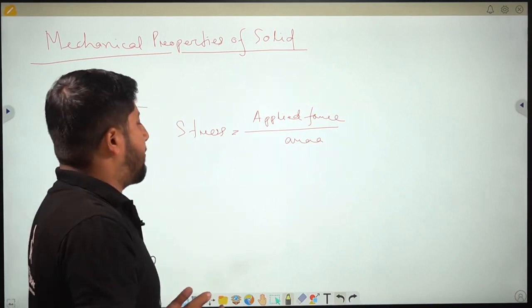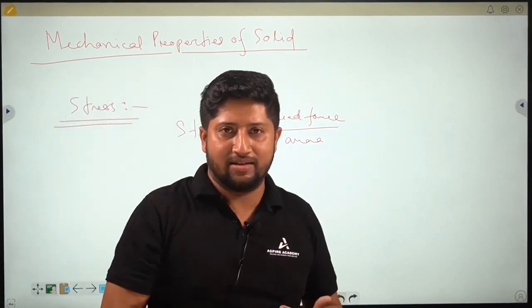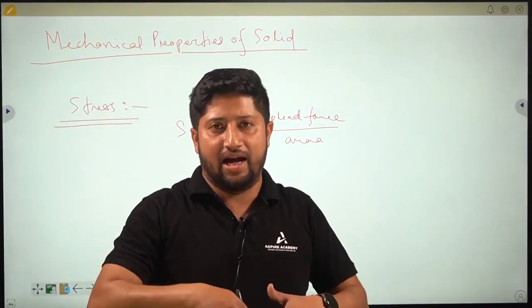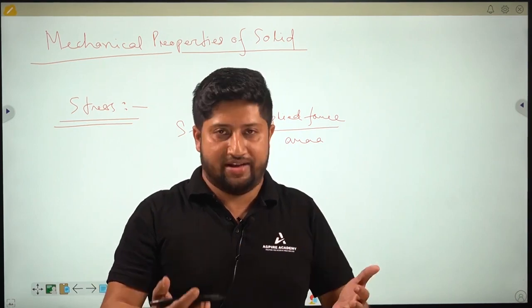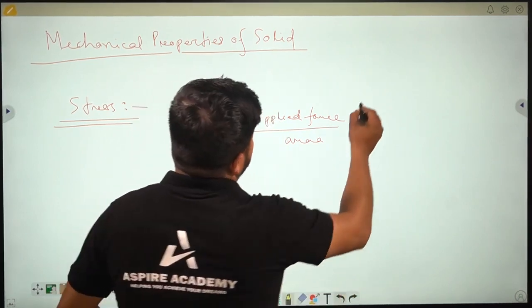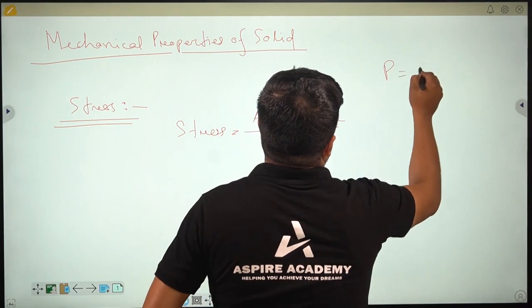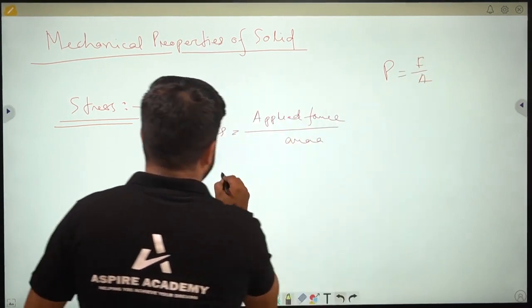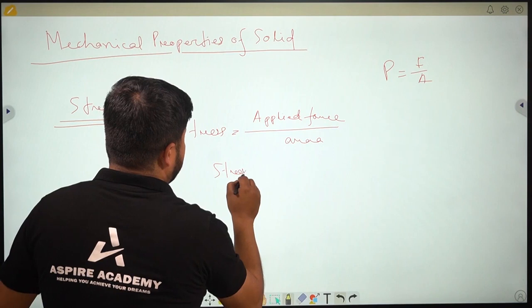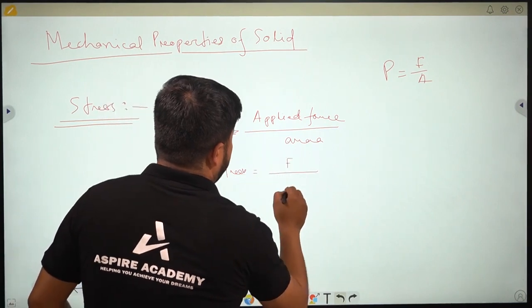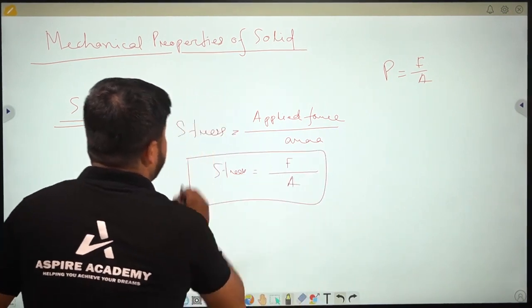If we apply a force on an object over a particular unit area, this is called stress. We also know that pressure is force by area, and stress is also force by area. Both are the same, but one difference will be there.